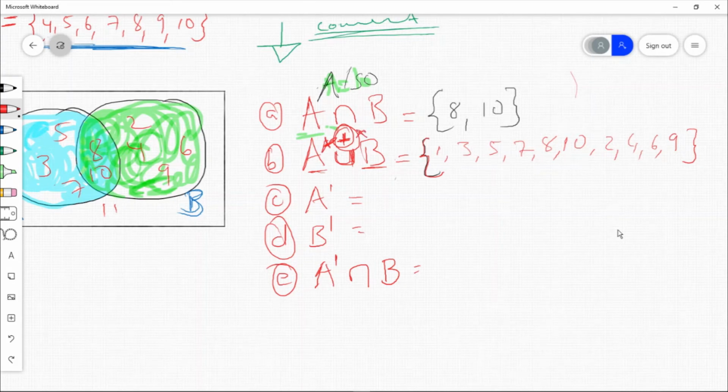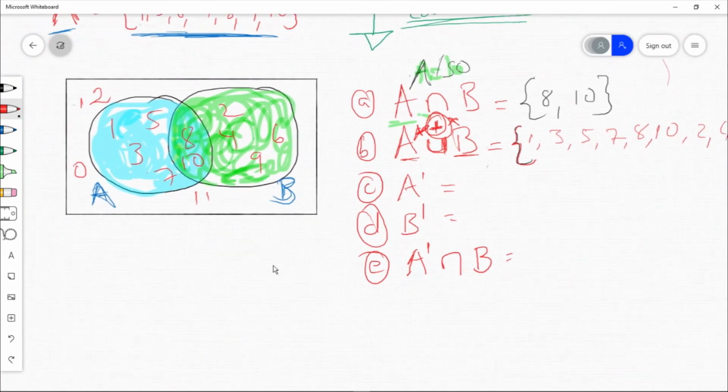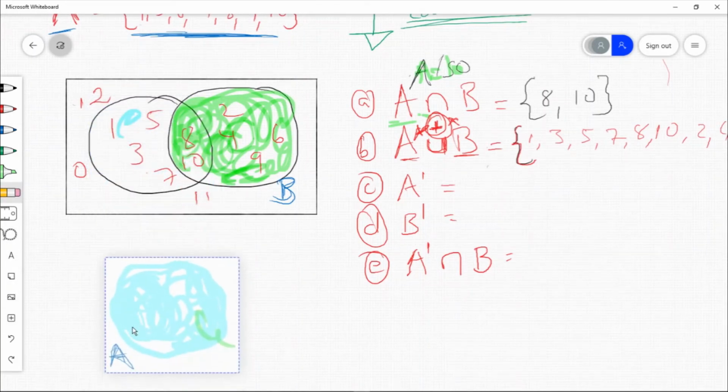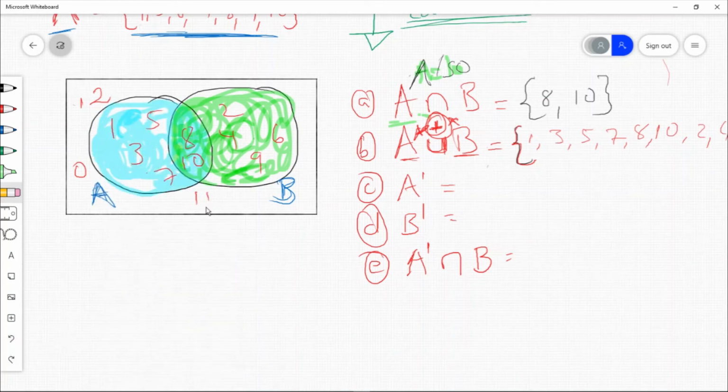What about all the elements that are not in A? Well, let me try and erase this. Never mind. I think we can still see clearly. All the elements that are not in A would be, we know that this is A. Is 8 in A?